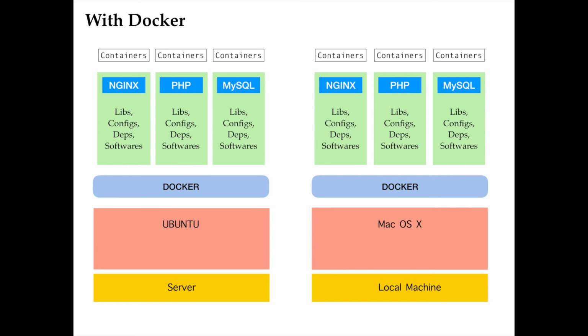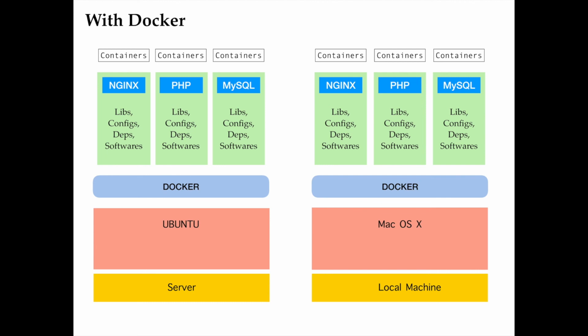As you can see in this representation, each application, like Nginx, PHP, and MySQL, is packaged into an individual container, and each of them has its own libraries and configurations. So if Nginx requires a certain version of a dependency, and PHP requires a different version of the dependency, there would be no compatibility issue.